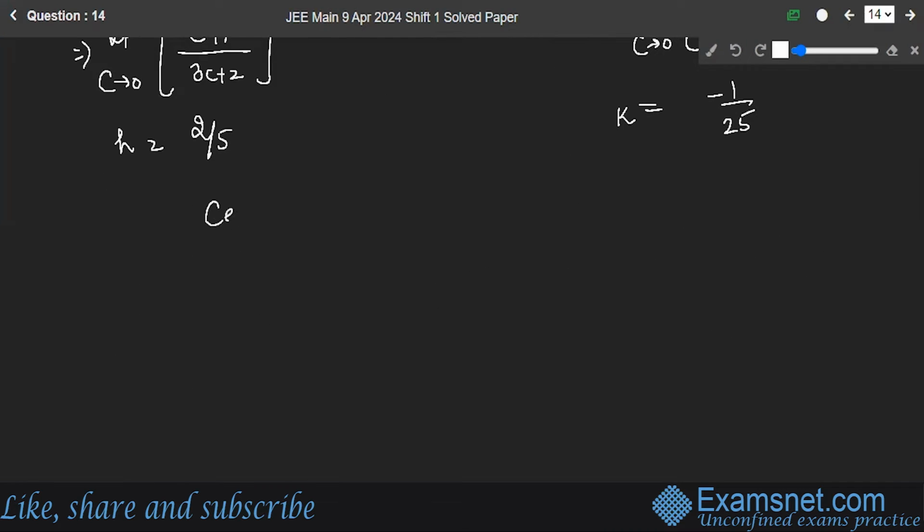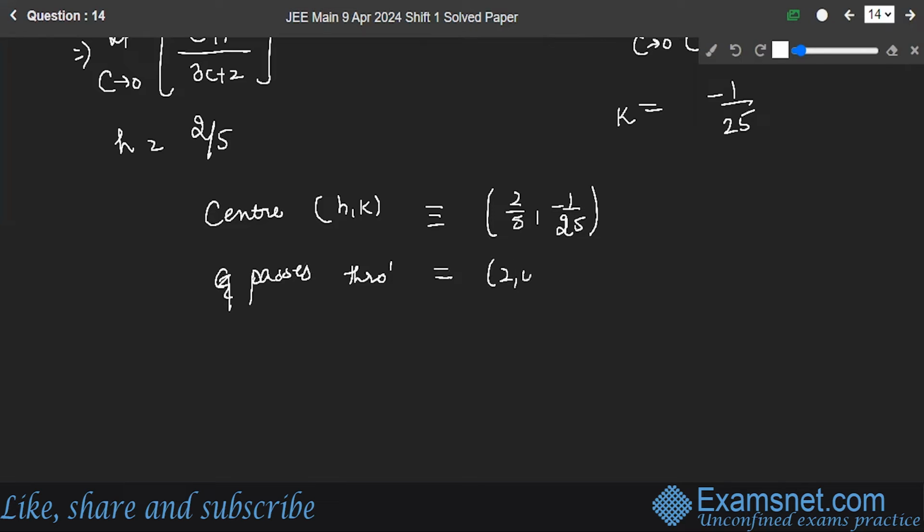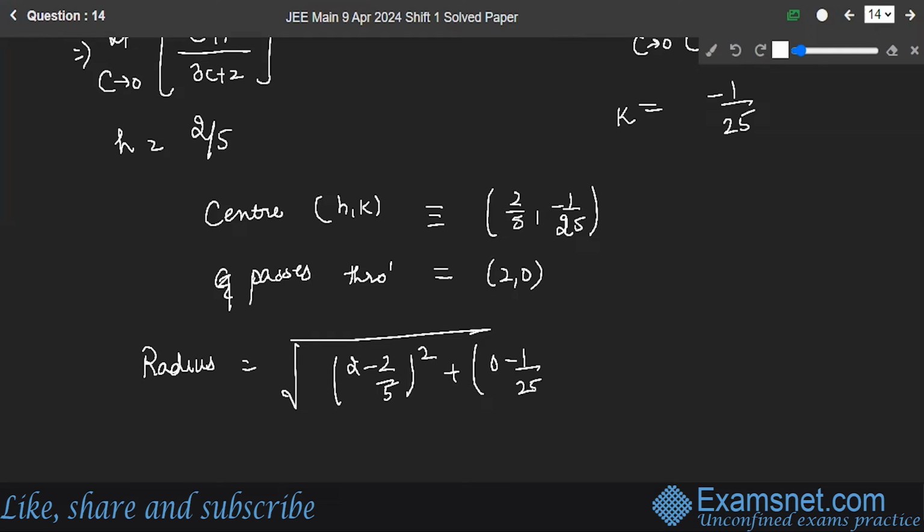Now you're given that the center of the circle is (H, K). That means the center of the circle is (2 upon 5, -1 upon 25). And also the circle passes through (2, 0). So what will be the radius? Radius will be given by the distance between these two points.